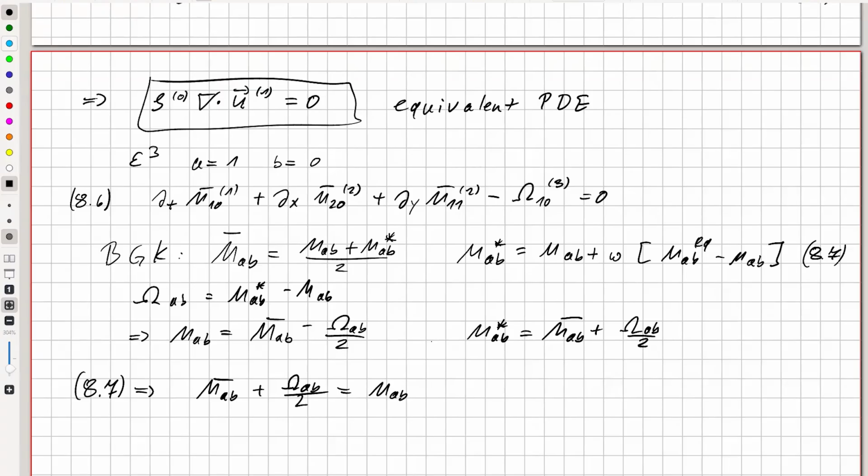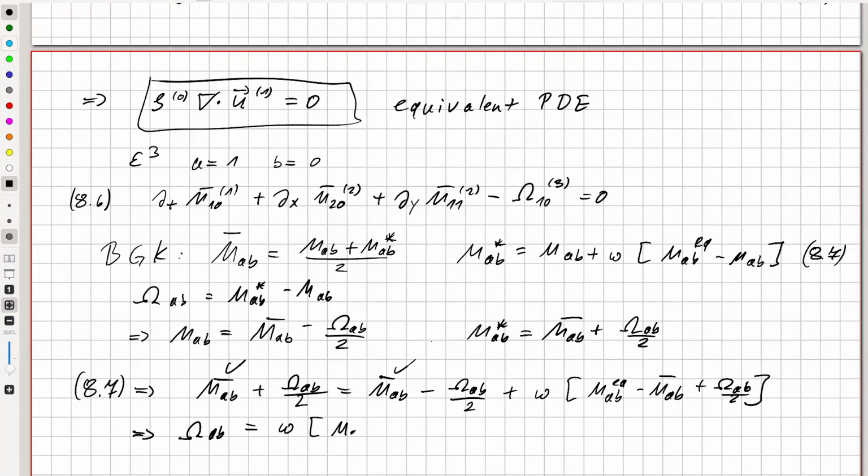So you can eliminate these things, and then you can rewrite this omega_ab as small omega (m_ab equilibrium minus m_ab bar plus omega_ab half).